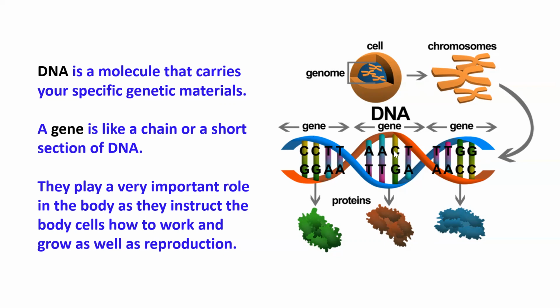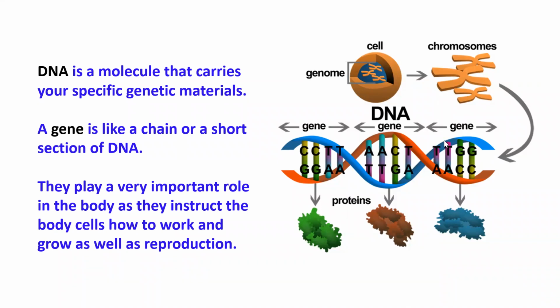You can see all these little things here. And then you have a gene. A gene is like a chain or a short section of the DNA. So this is one gene, just this section. And then there's a second section in the middle, and then there's a third section on the right-hand side.